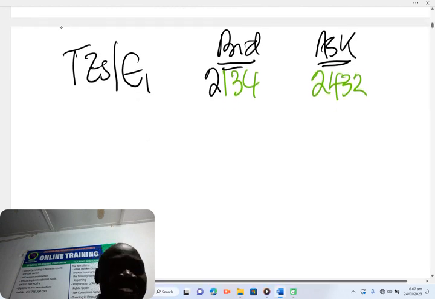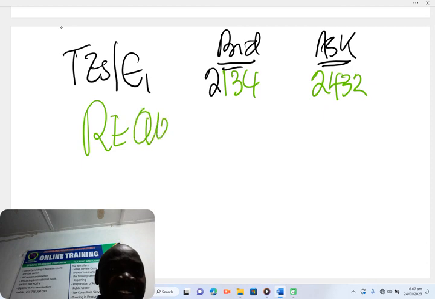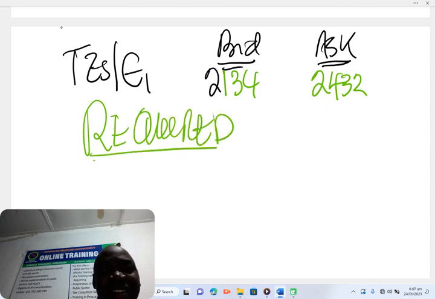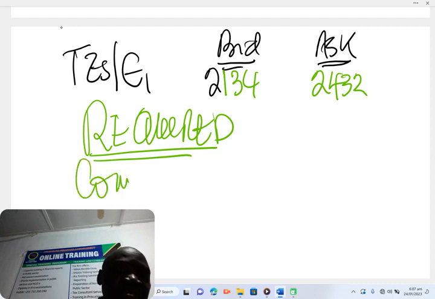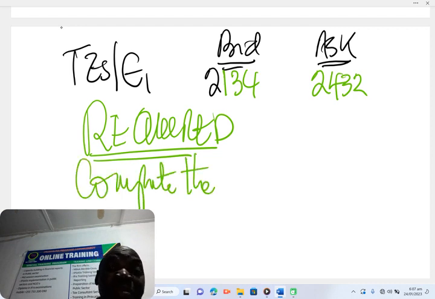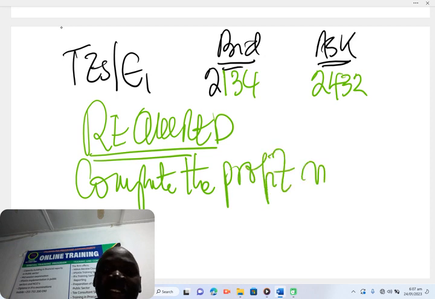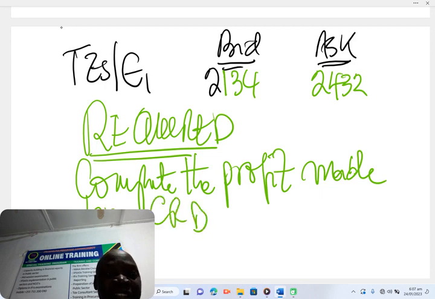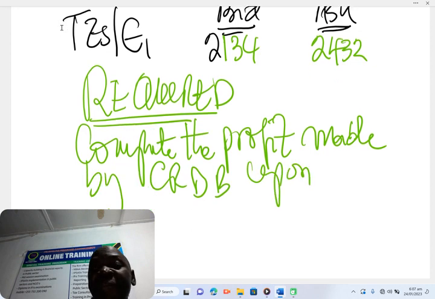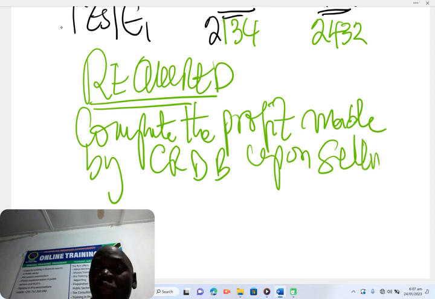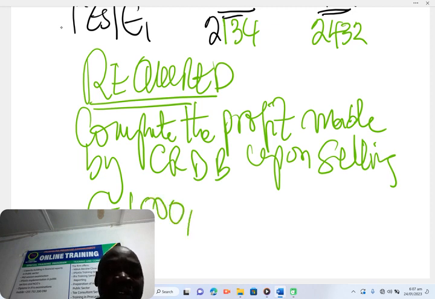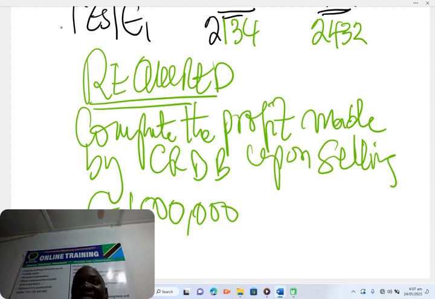Now, required: compute the profit made by CRDB Bank upon selling euro 1.5 million. It is very simple, isn't it?